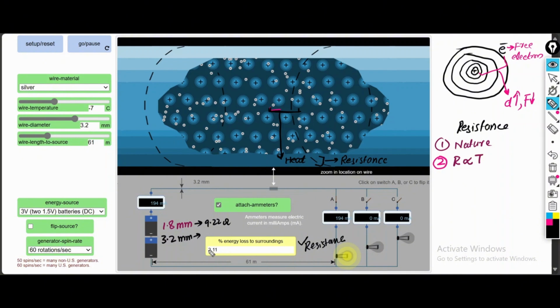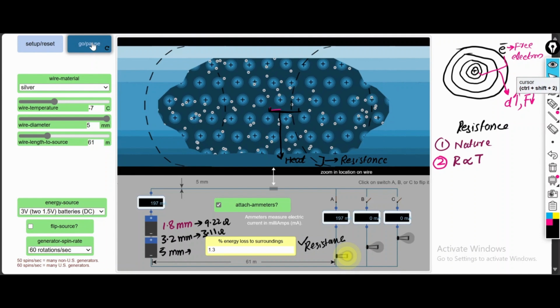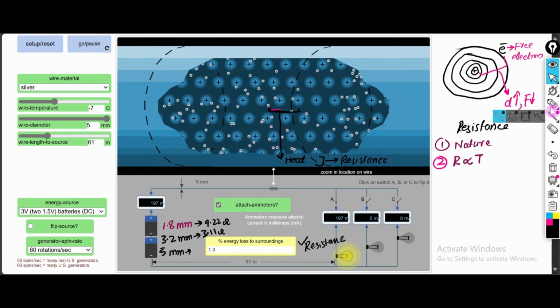In this case the resistance becomes 3.11 ohm, and further increasing this wire diameter to 5 mm, the value is 1.3 ohm.